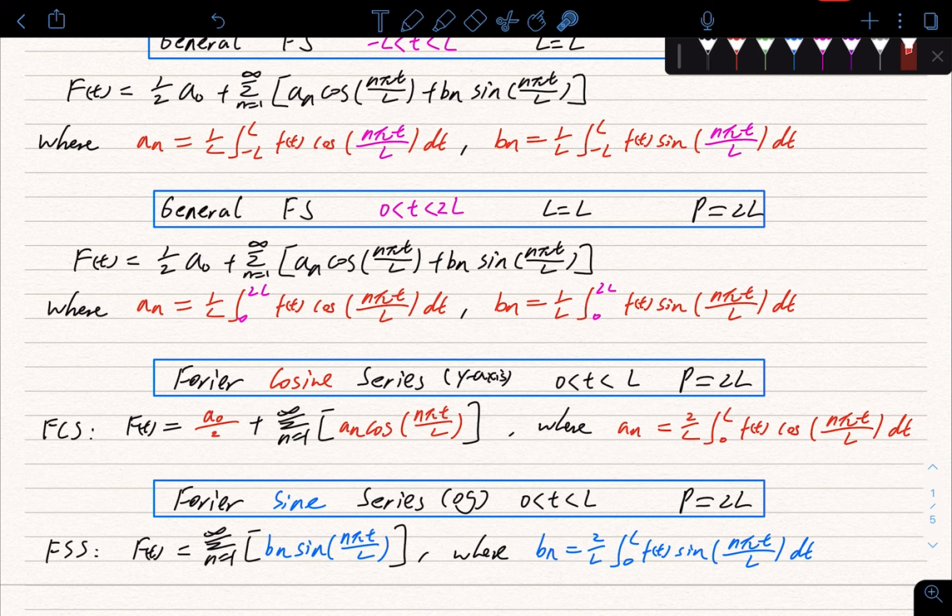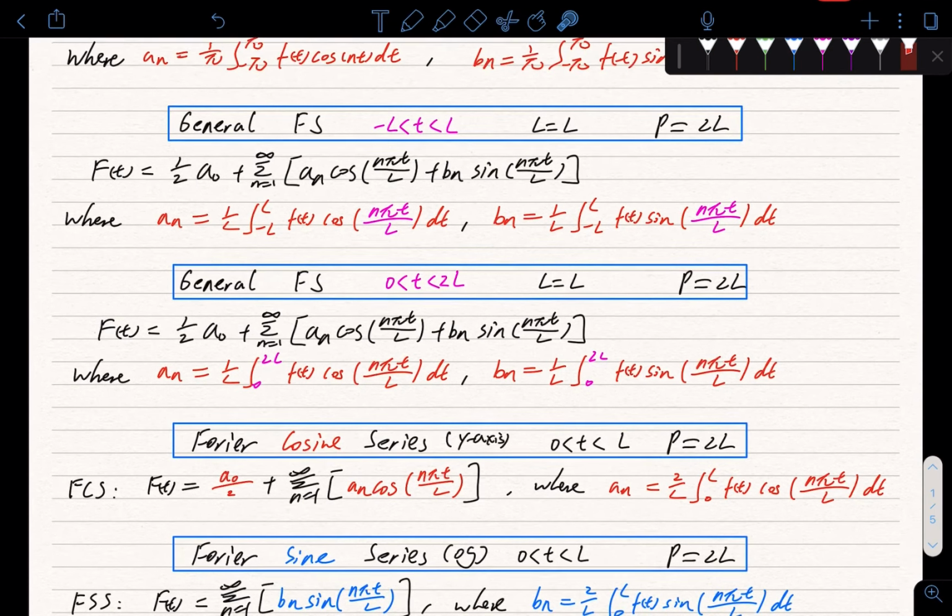And for your sine series, instead of the b terms getting eliminated, the a terms get canceled out. So what's left is only b. So the Fourier series is an infinite series of bn times sine n pi t over L, where bn is the same as before. So this is all the things that you need to know about.